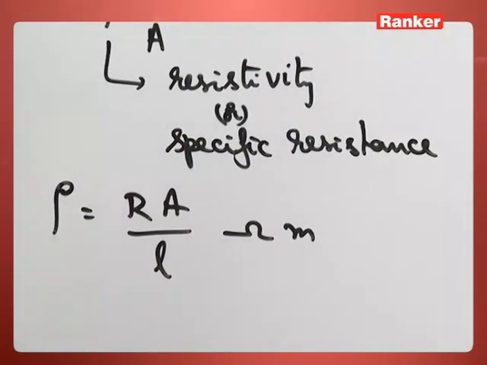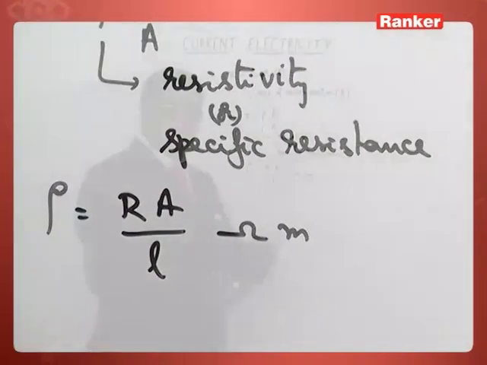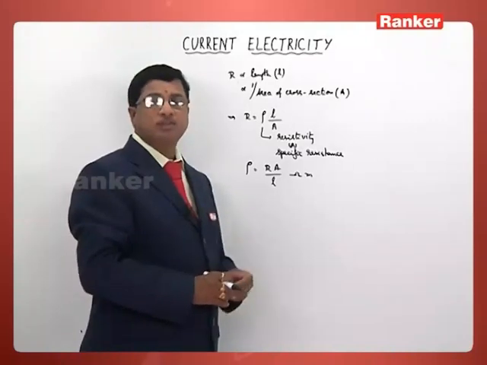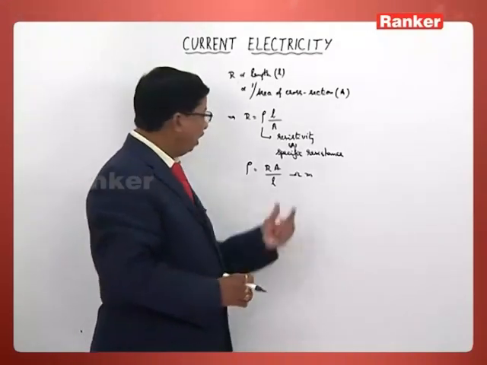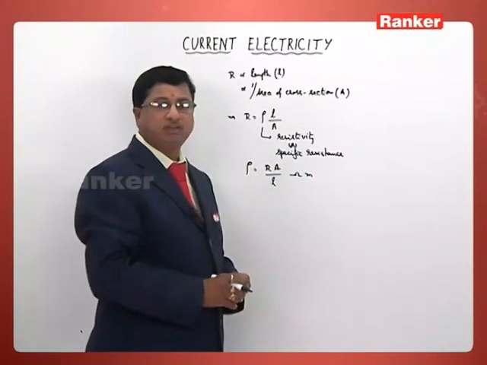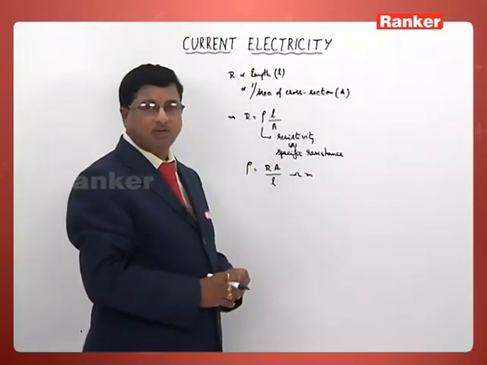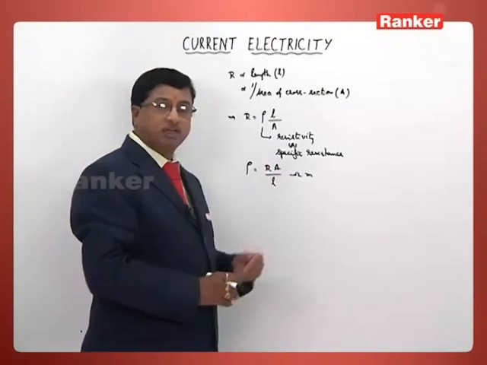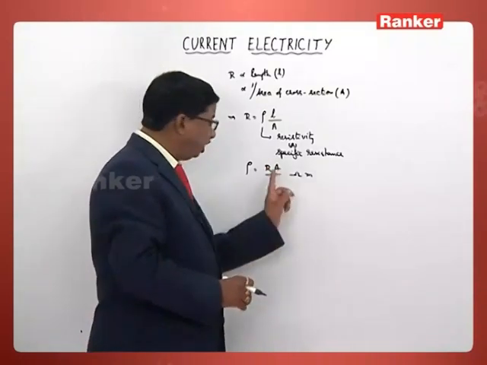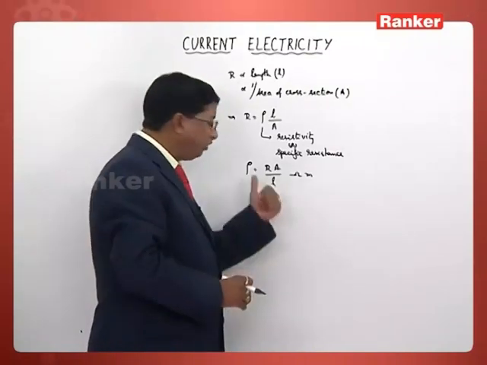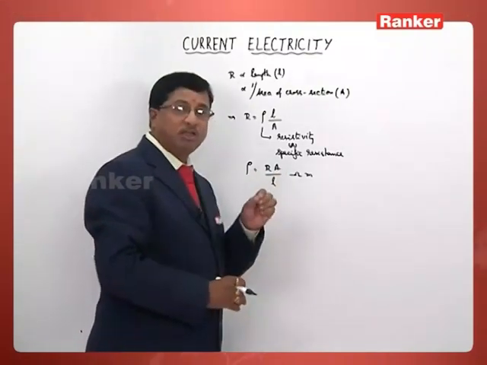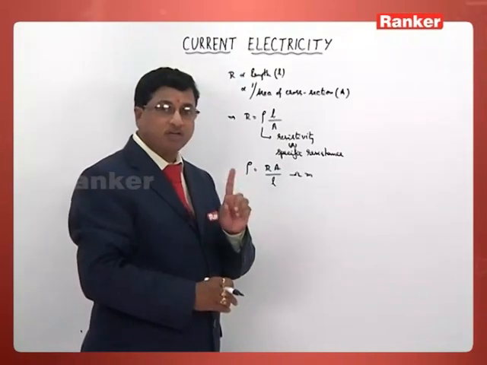When area of cross section becomes doubled, then also the resistance of the conductor becomes half. Now in these two cases, ultimately resistance decreases by 4 times. Then naturally A by L becomes 4 times. So that gets cancelled, and RA by L remains constant always.